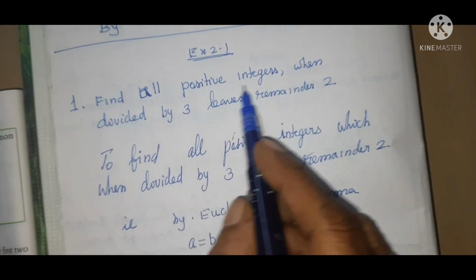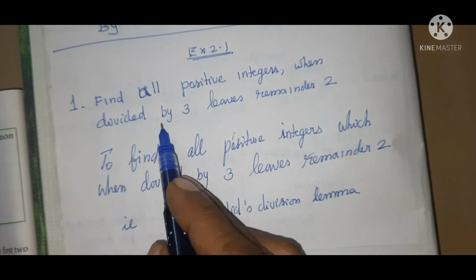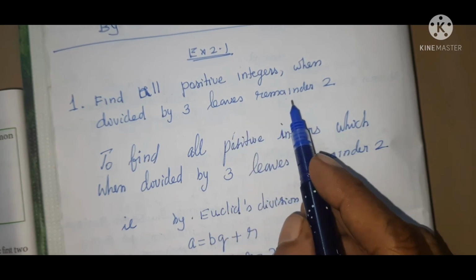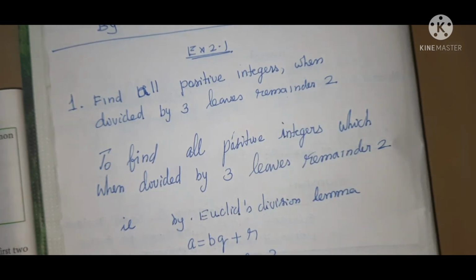Exercise 2.1, first sum. Find all positive integers which, when divided by 3, leave remainder 2. A positive integer is divided by 3 and we get the remainder 2.